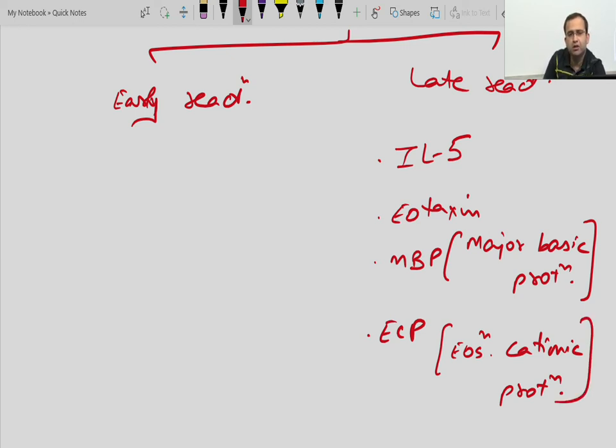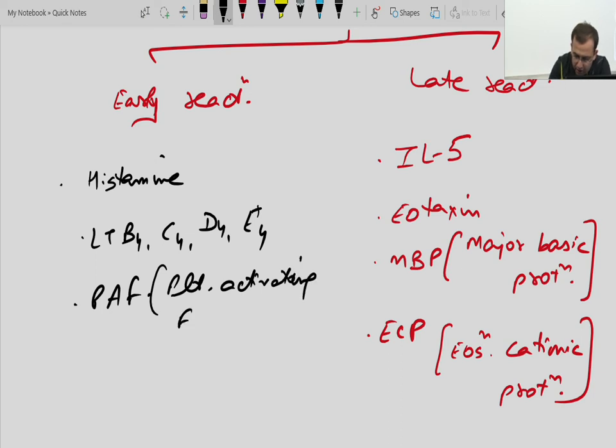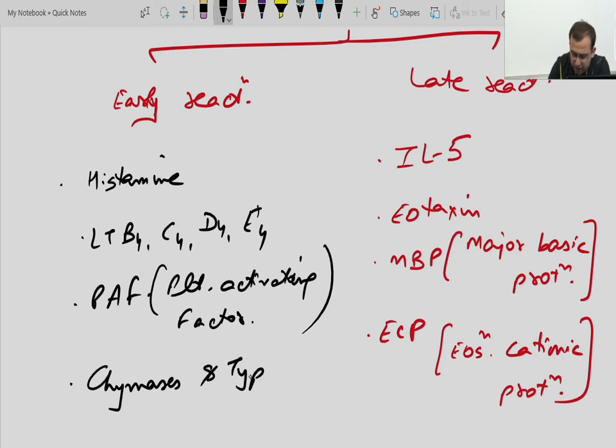So in the late reaction, the mediators involved are interleukin 5, eotaxin, MBP and ECP, versus the early reaction, which is associated with all the other mediators we can think of: histamine, leukotrienes B4, C4, D4, E4, platelet activating factor PAF, and enzymes, that is chymases and tryptases.